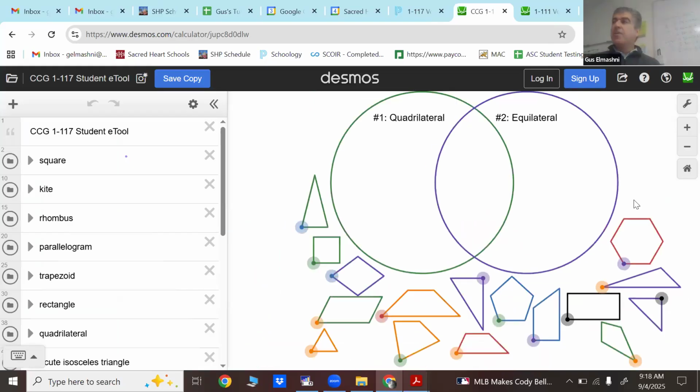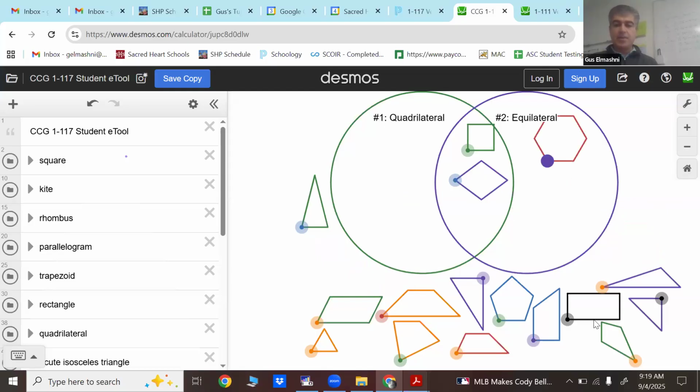All right. Okay. Quadrilateral and equilateral. So there's only gonna be 2 that go in the middle. Which 2 go in the middle here? Wait, square, rhombus. Equilateral, just straight up equilateral.